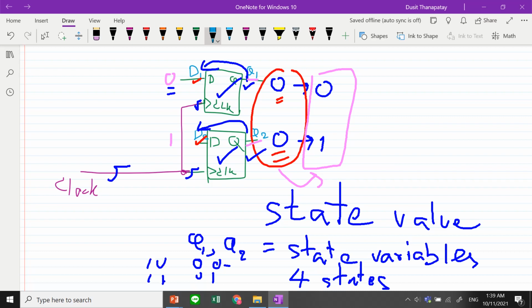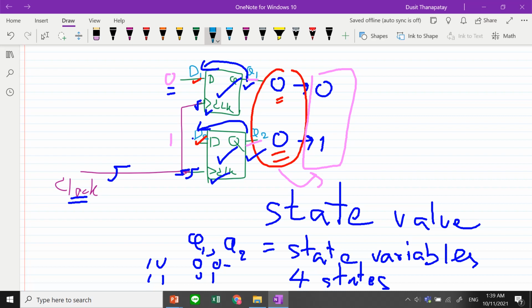Okay, 4 possibilities. So there are 4 states, and the state will change when the clock ticks. So that means when the clock ticks, these two flip-flops will change the value at the same time.